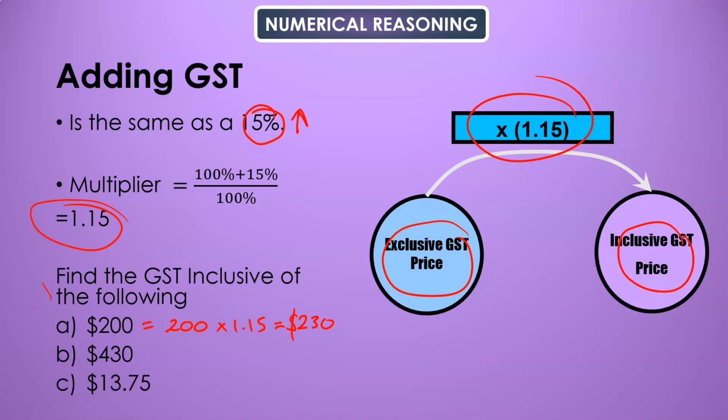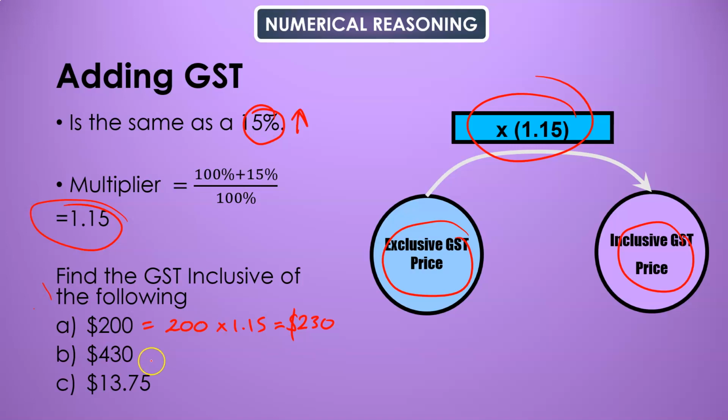What would generally happen with most supermarkets or other businesses is they work out how much profit they want to make, how much the actual item costs, and then they would put the GST on top of that price. So in this scenario, the item costs the business $200, and to put the GST on, we have to charge another $30.